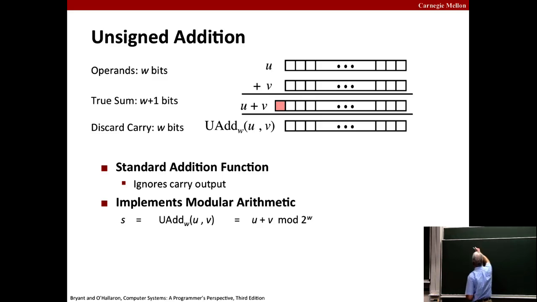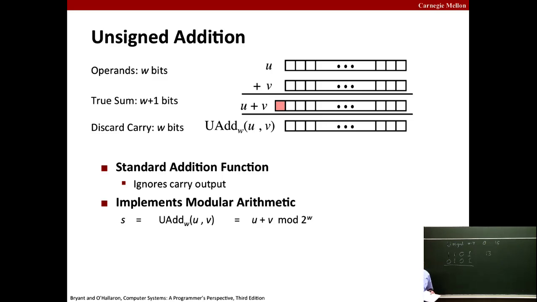So in the unsigned case, a 4-bit number will range between 0 and 2 to the 4th minus 1, or 15. Let's do a few examples of cases where it overflows. If you add 13 to 5, I assume you already know that you just add binary numbers the way you learned in school, doing carries and so forth, except it's all modulo 2.